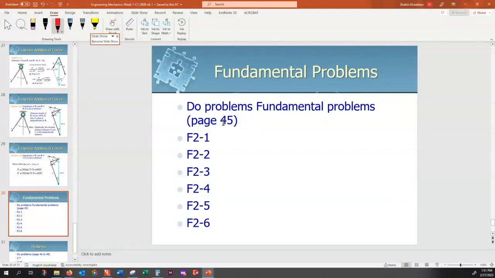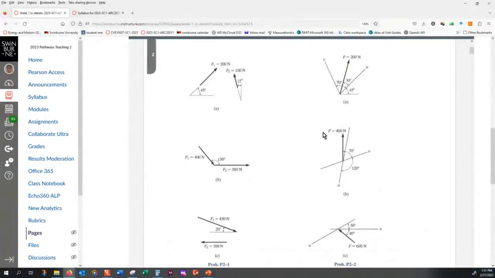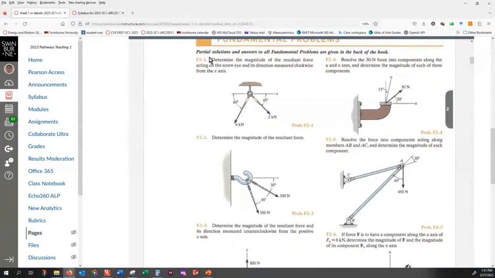All right, let's go to page 45, and then we have a couple of fundamental problems to solve. Page 45, 1 to 6. So 1 is simple, and it becomes little by little more difficult. Just give me a number and tell me which one you want to start with.